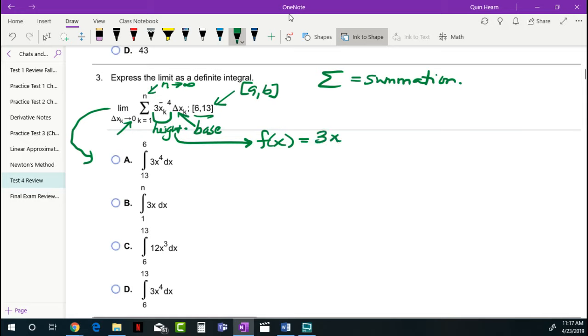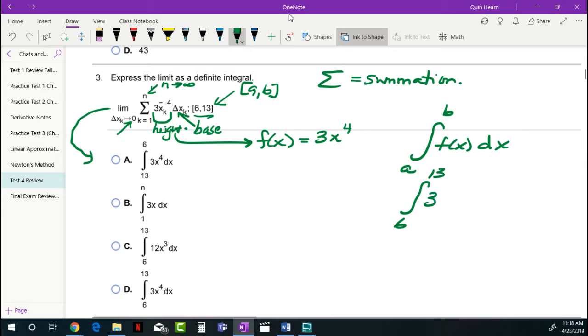Now, problems like this look really scary. They want you to translate this notation into one of these definite integral forms, but it's actually much easier than it looks. All you need to know is a and b, which are the endpoints of the interval, and you need to know what function they're talking about.